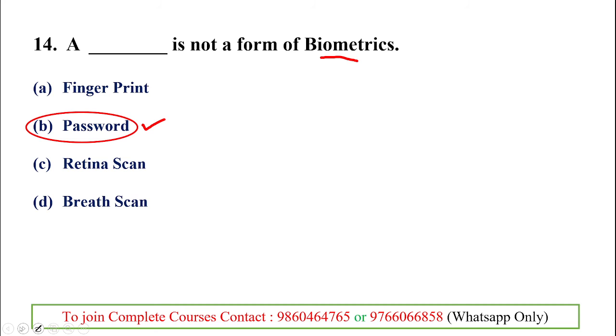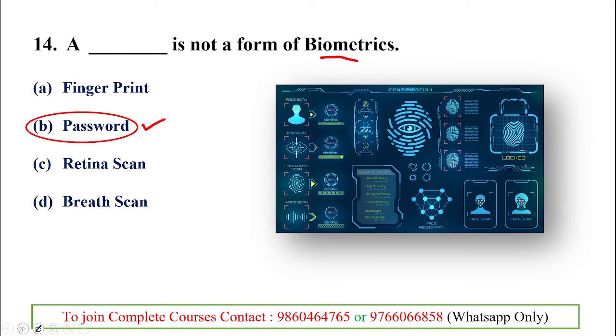Because it's not related to the finger, like fingerprint, retina scan, or breath scan. There are various biometrics, and you can see the face scan in your phones, the lock screen, where you use the face and fingerprint, etc.